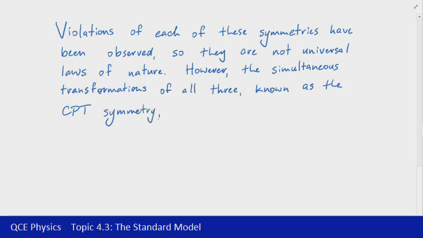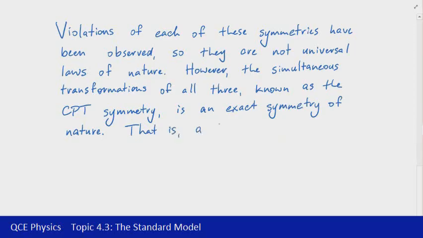So applying all three of those, this is an exact symmetry of nature. And what that means is that there have been no observations of all three of those simultaneously being applied where violations have been observed. So applies universally.